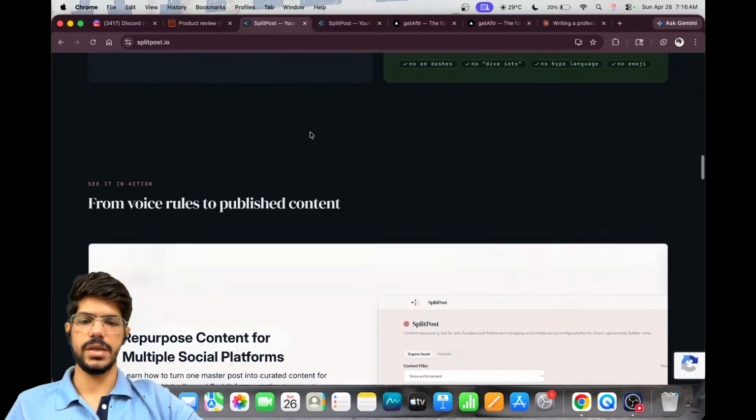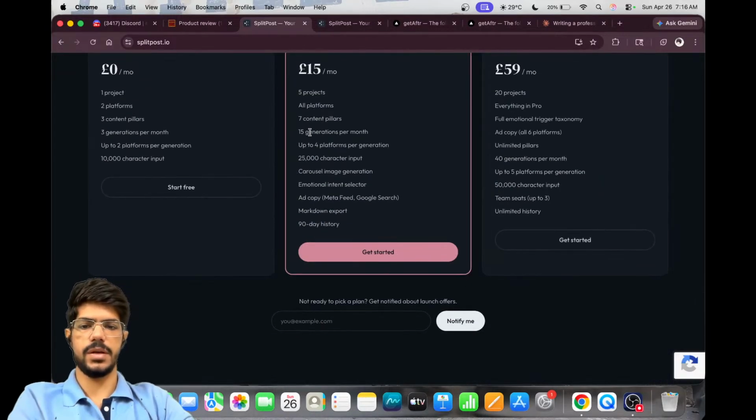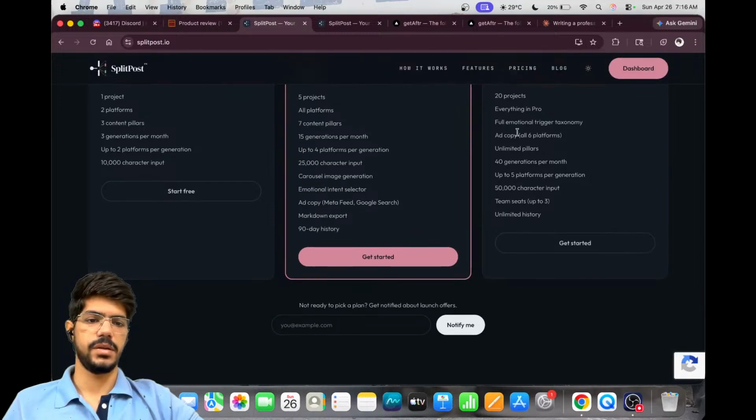Instead of, let's say, what's the pricing here? So we have $15, 15 generations per month. So look at this. You can just get 15 generations for 7 content platforms. So I would need at least 30, right? Here, what do you have? 40 generations per month.